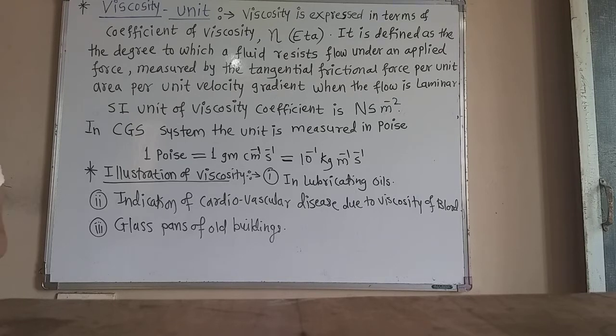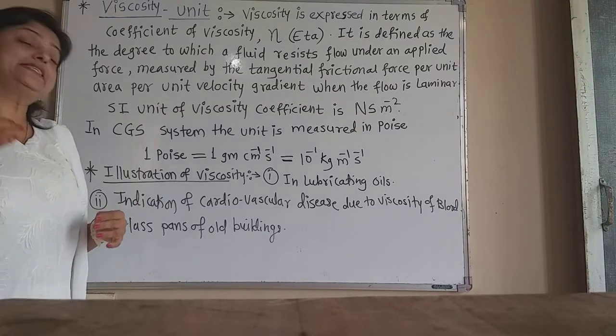The glass panes of the doors or windows of old buildings are found to become thicker and thicker with time near the bottom, and this is evidence which indicates that glass is not a solid but a super cooled viscous liquid.